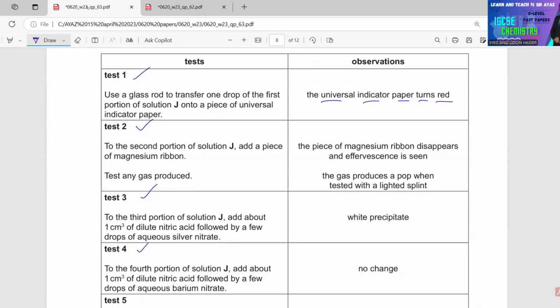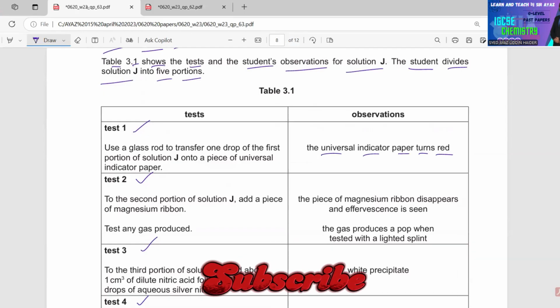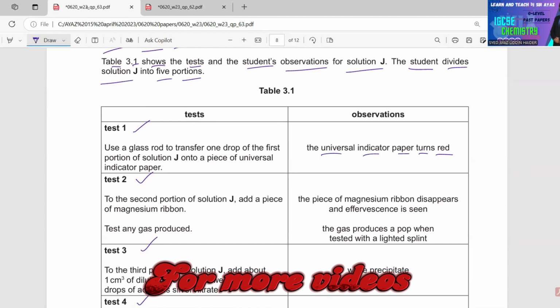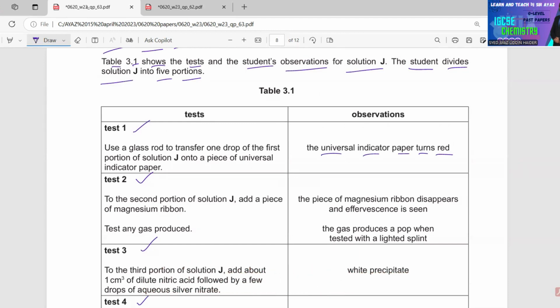Before proceeding, I'm going to give you a brief indication of what is happening here. The universal indicator paper turning red indicates it must be an acid, due to H+ ions. That's why it's turning red. In the second portion, there's a reaction with magnesium ribbon.